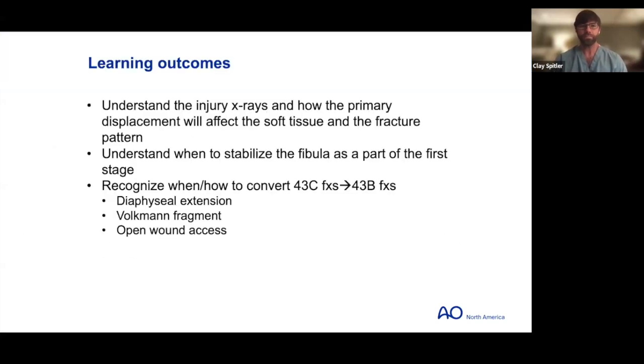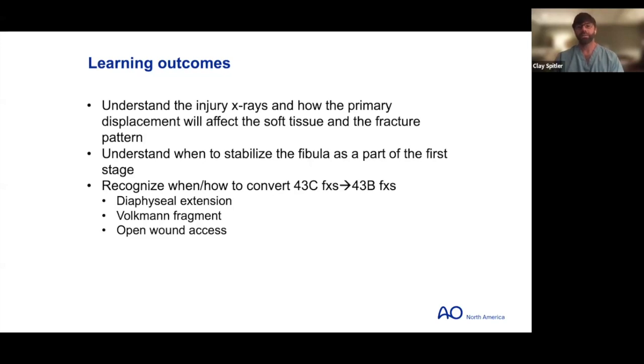So for the first part of the talk, I want to talk about understanding the injury x-rays and how the injury to the soft tissue is something that is predictable based on the fracture pattern and displacement.